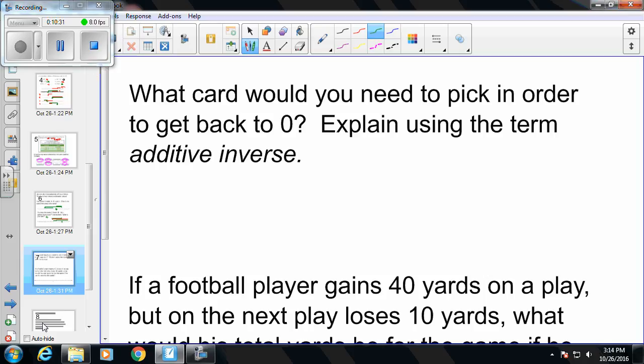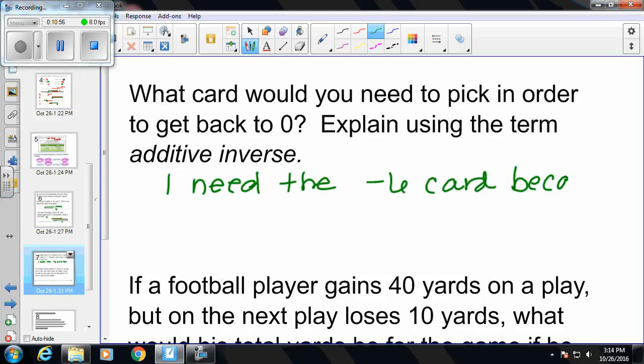So what card would you need to pick in order to get back to 0? Explain using the term additive inverse. So what do I need? I have 6, I want to get to 0. I need to get to 0. So I would need -6. I need the -6 card because they're asking me to explain. 6 plus -6 equals 0.